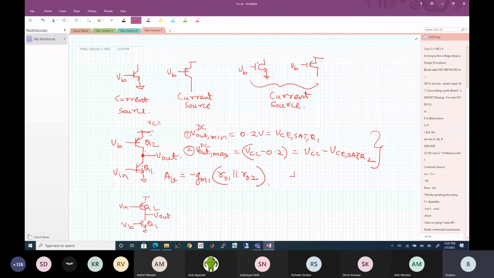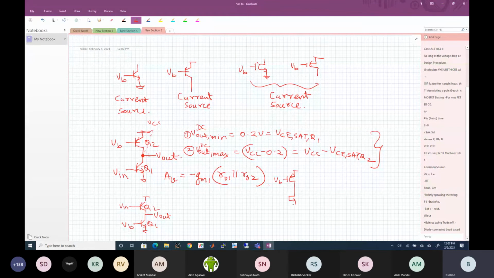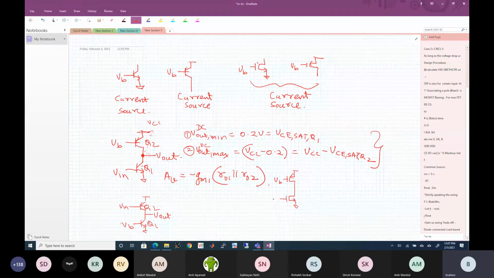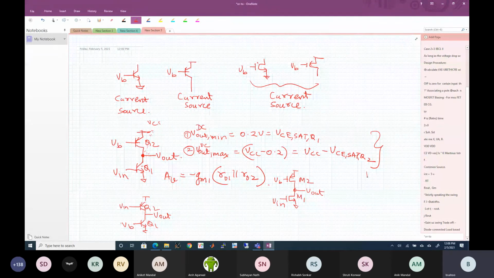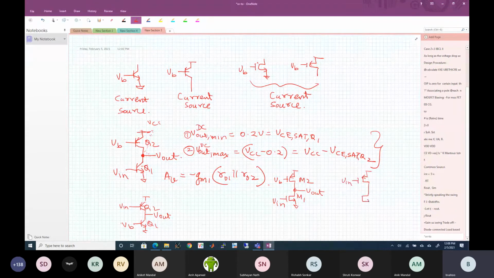For the MOSFET part, the current source load is the PMOS, input device is the NMOS, V out, M1 and M2. We can make the input device as PMOS and the load as NMOS and you get V out.